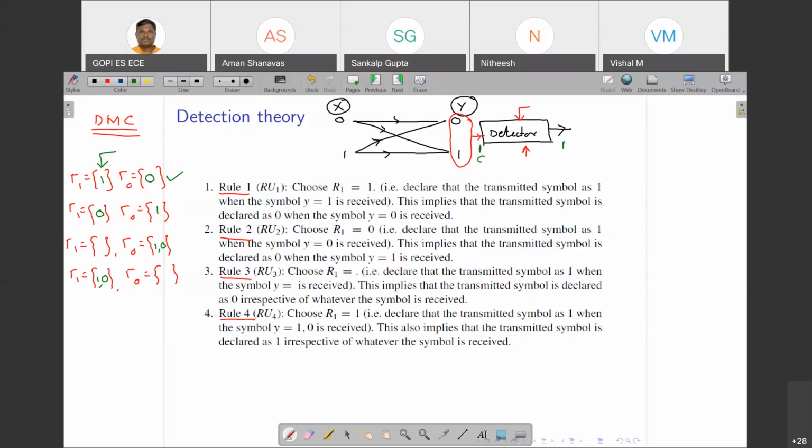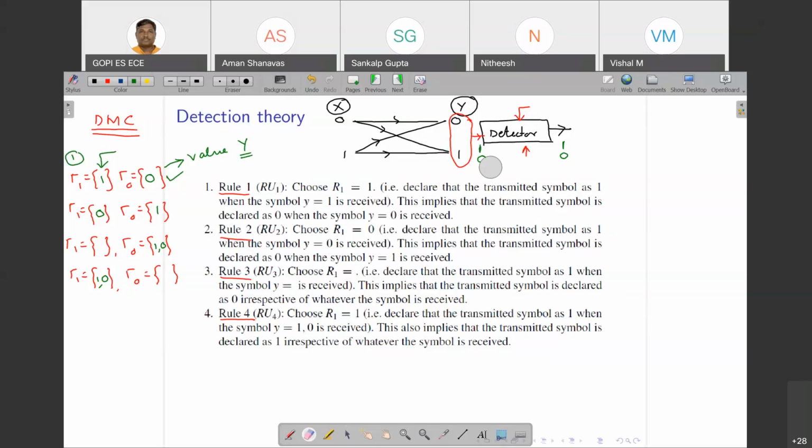If the input is 0, the detector says 0. It is not going to change anything, so the detector is not playing any role here. It chooses the value of y it received as it is, in the first case.